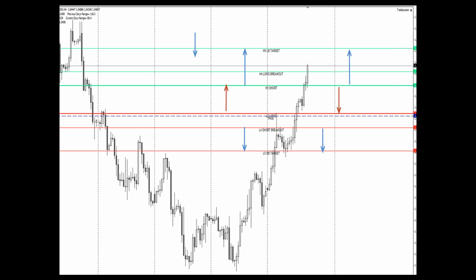This is the 4-hour time frame, and what you should do is zoom into the 15-minute time frame as soon as the price goes above L3 and starts to retrace towards L3. Then you will probably see a long pattern, a bullish candlestick around L3, and you can try to push it up to H3. As we can see in this example, price went to H3 and then it started to bounce off H3.